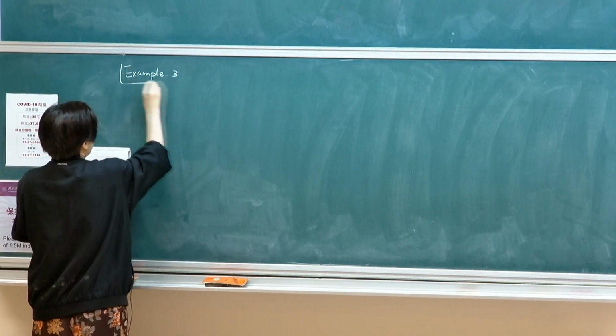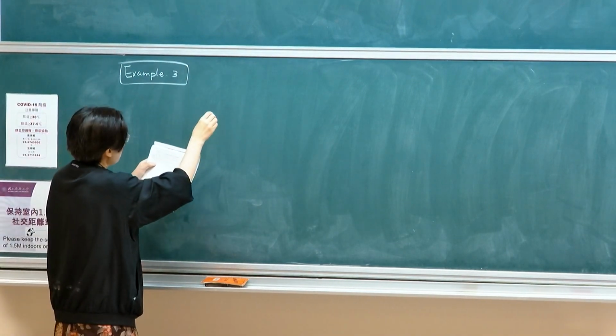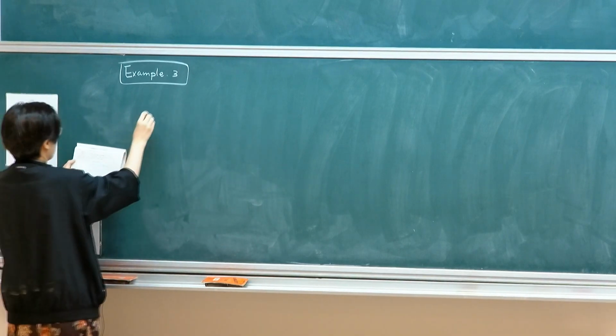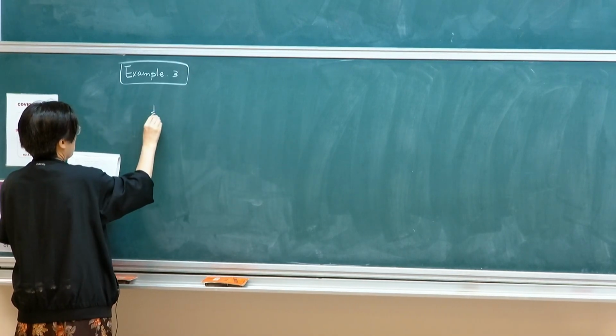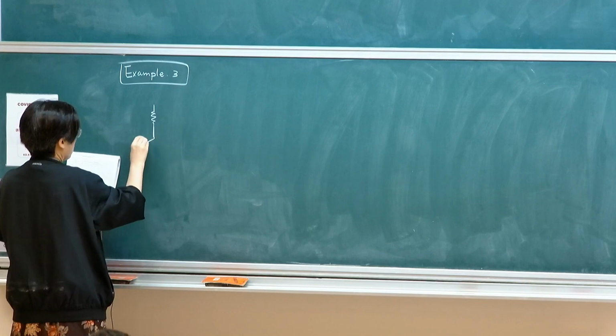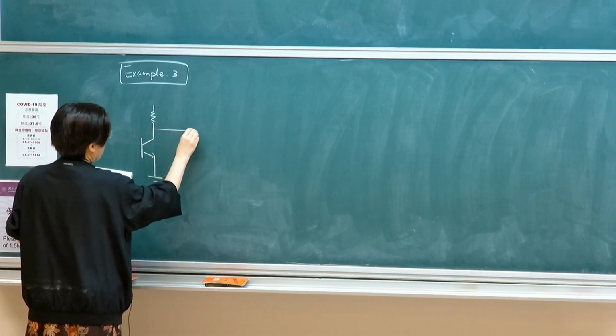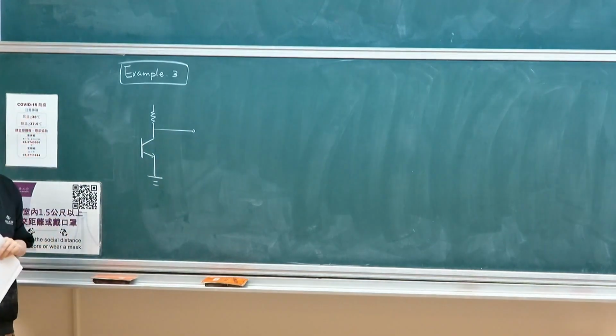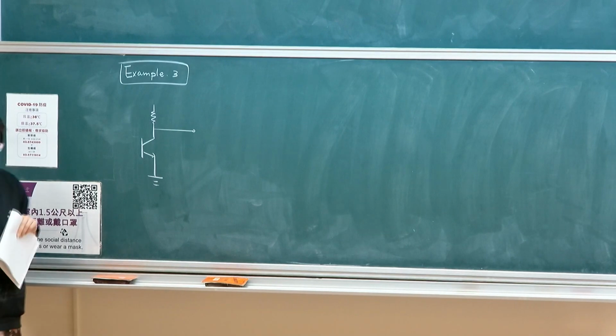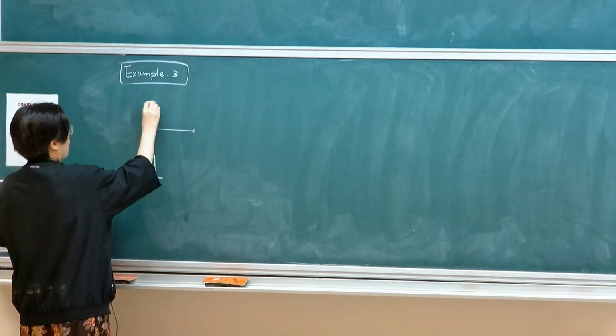Suppose it is the third example. I don't know, I didn't get a number. So let's use a very similar architecture. The reason why we're using this architecture a lot is that it's the most effective in amplifying a small signal.